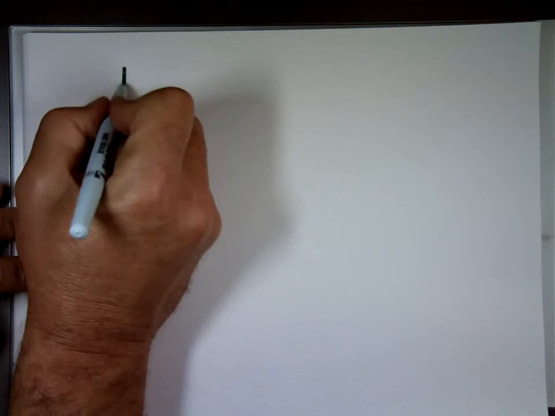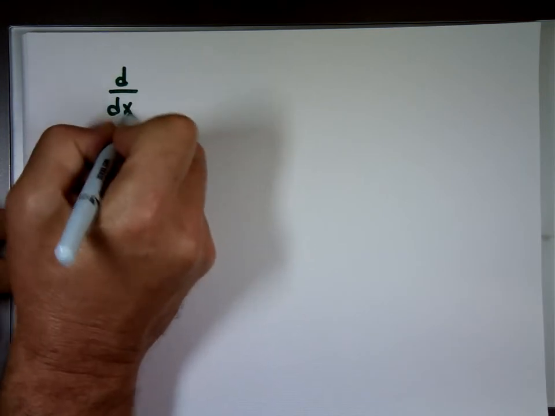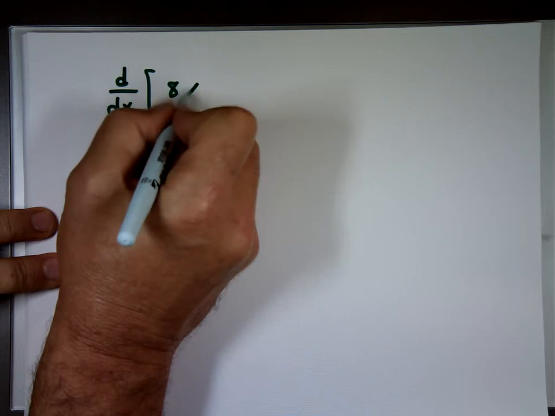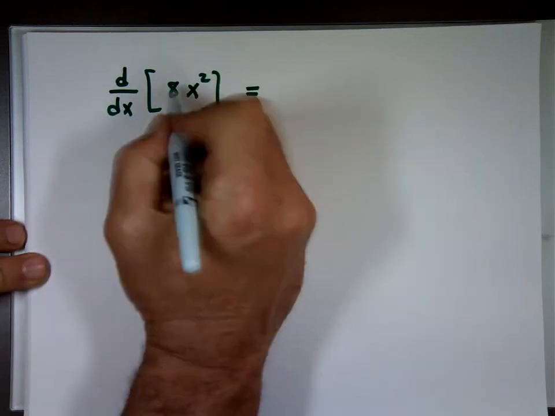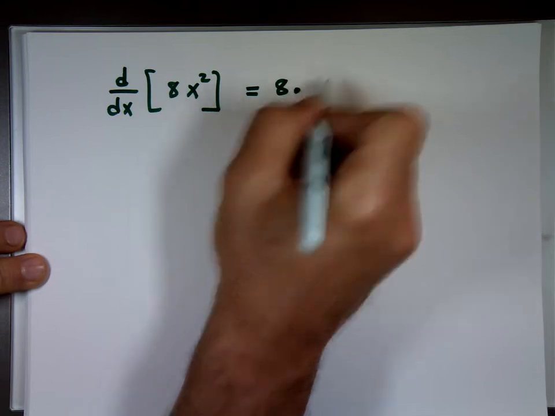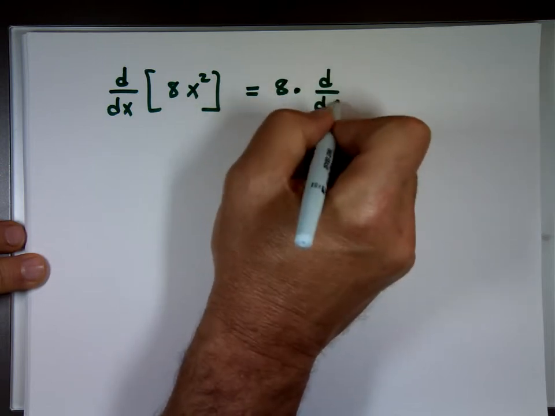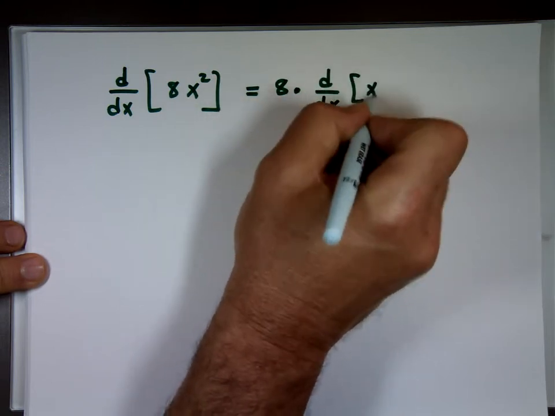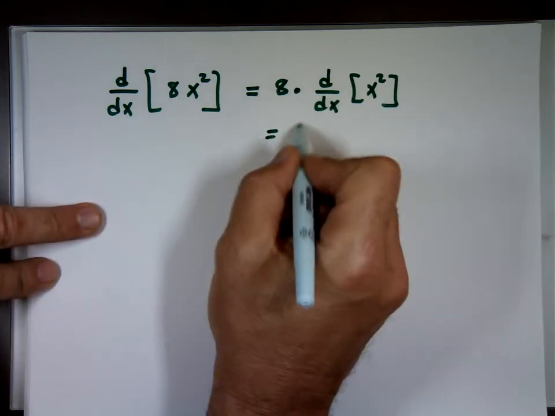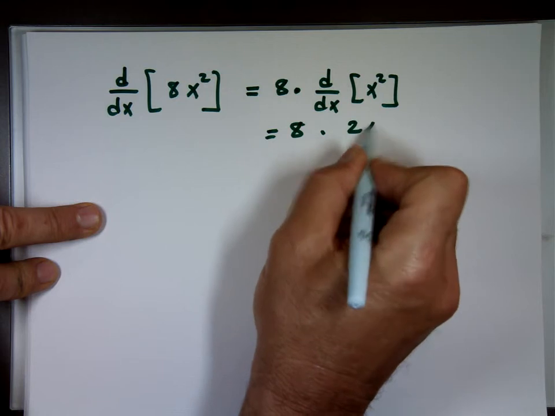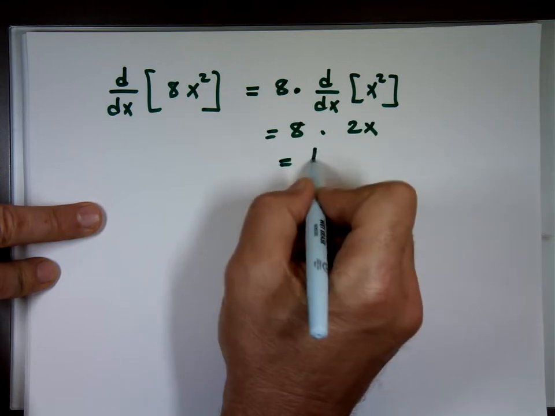If I say, what's the derivative of 8x squared? The rule says you can take the 8 outside times the derivative of x squared. What's the derivative of x squared? 8 times 2x, which is what? 16x.